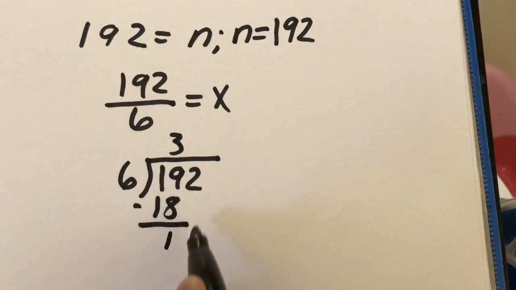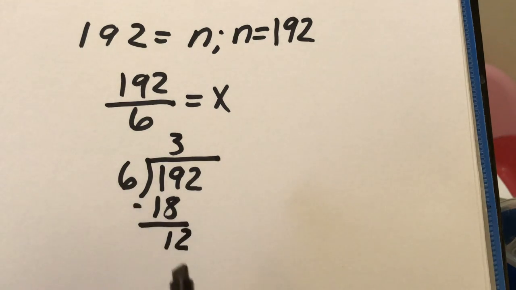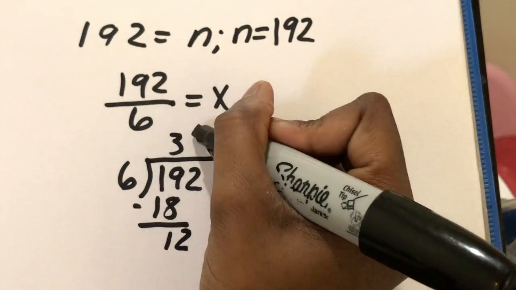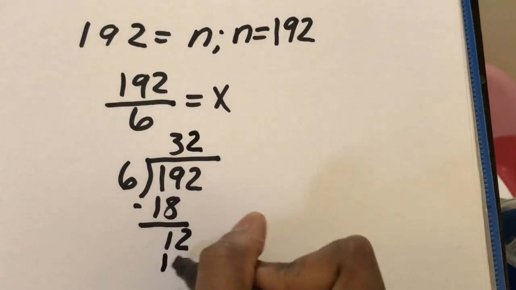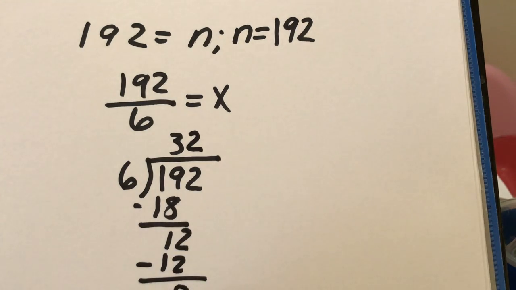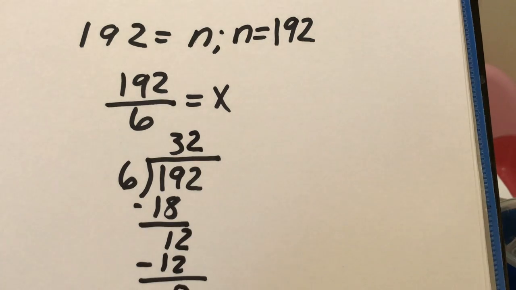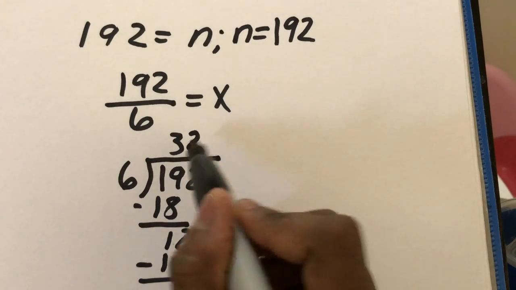And then we bring down the 2. 6 goes into 12 2 times. 6 times 2 is 12. 12 minus 12 is 0. So 32 will be the amount she spent on each book. 6 times 32 is 192. That's how you would check your problem to make sure you have the right number.